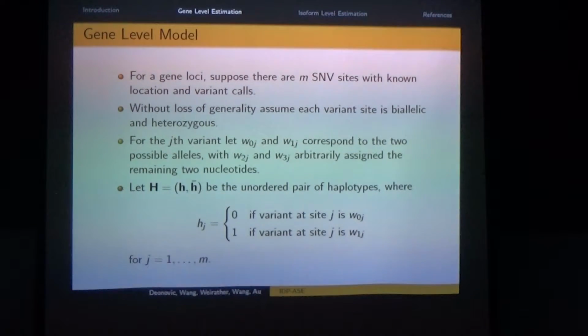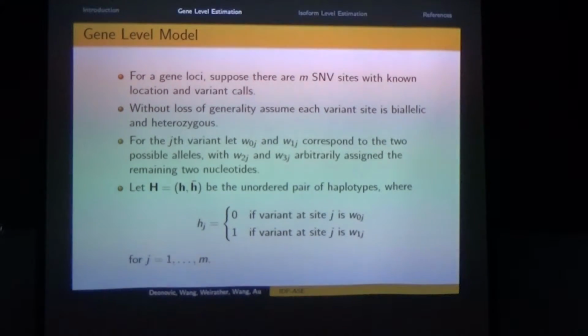So to begin, I'll describe the gene level model. I have a lot of notation here, but I think the picture is really where you can get a lot of information. Suppose we're considering a gene locus with M single nucleotide variants with known locations and variant calls.